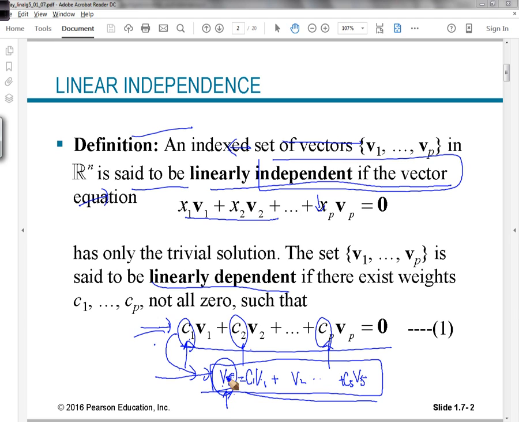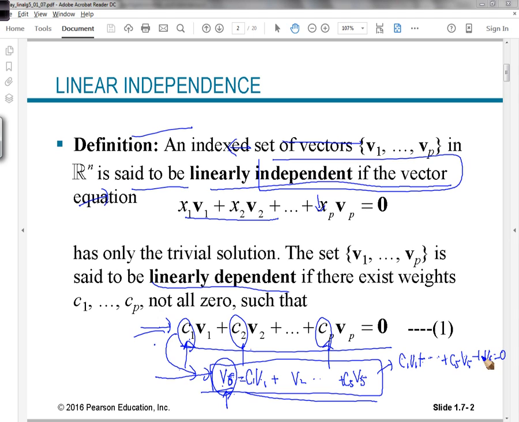Okay, and then let's try to convert this into the second equation. It's really trivial manipulation, but this can be viewed as C1 V1, dot dot, C5 V5 minus 1 times V6 equals 0.